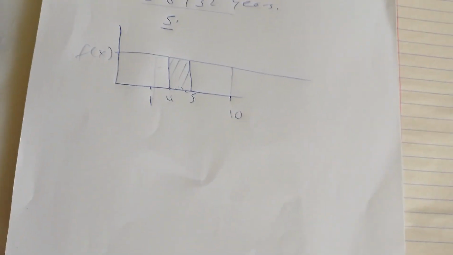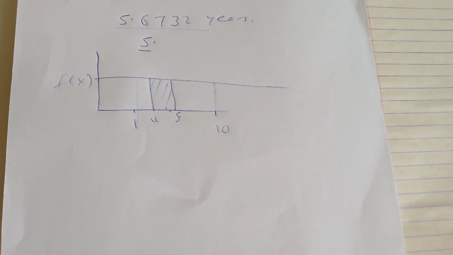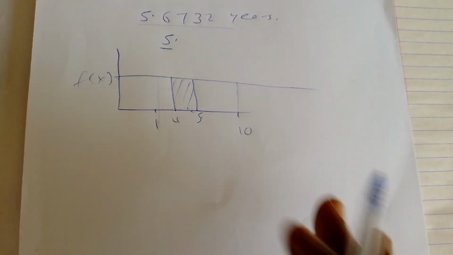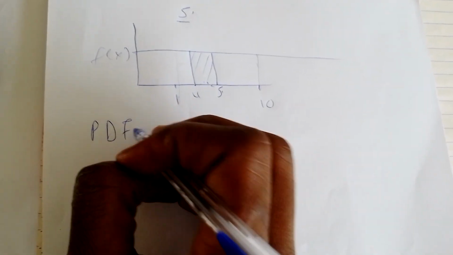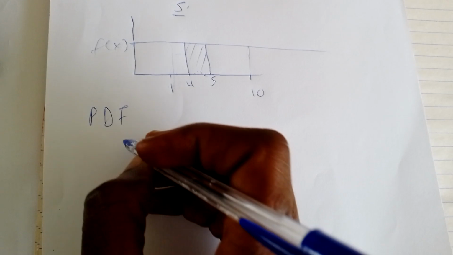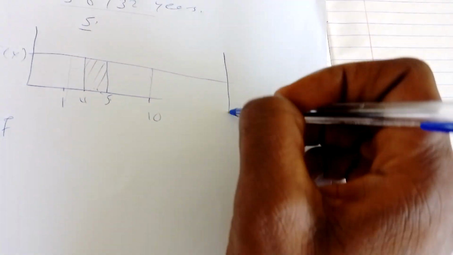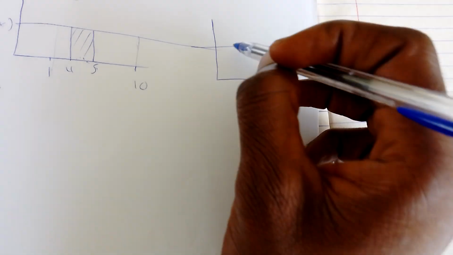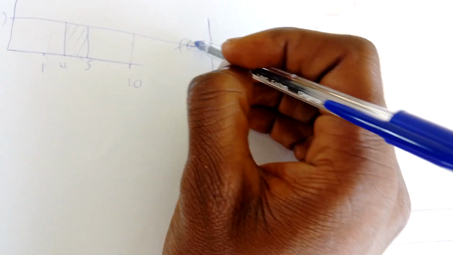I hope this long explanation helps, and now we get to the main thing: the probability density function of these random variables. Let me take another graph, with some a and b here, and f of x.